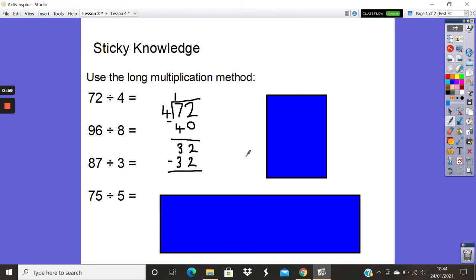So we've got 4, 8, 12, 16, 20, 24, 28, 32, which would be 8 4s. So then we put our 8 up here, and then we take 32 away to check for remainders. And we haven't got anything left, so 72 divided by 4 would be 18. Let's see if you can have a go at those 3.